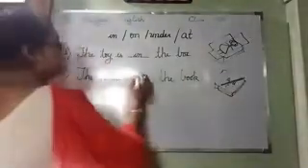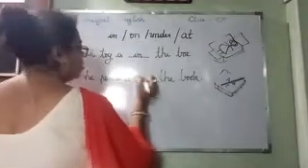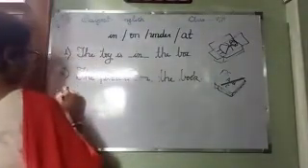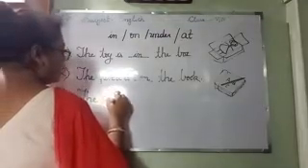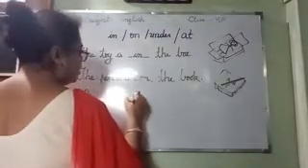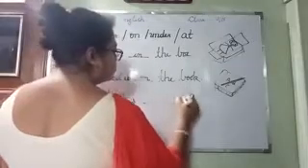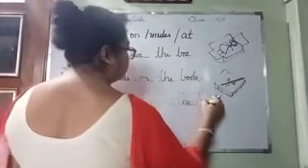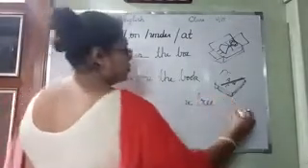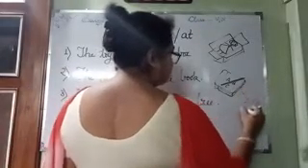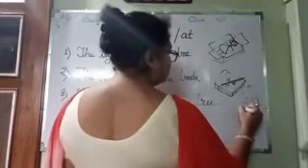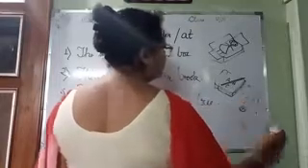So what do we write? On. Then the ball is dash. There is a tree, and here is a ball.